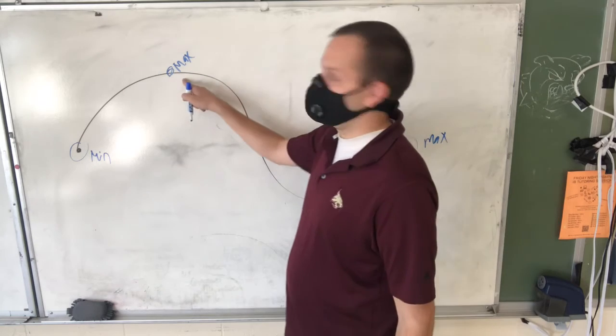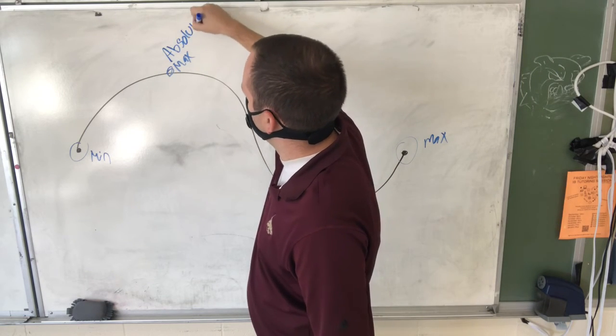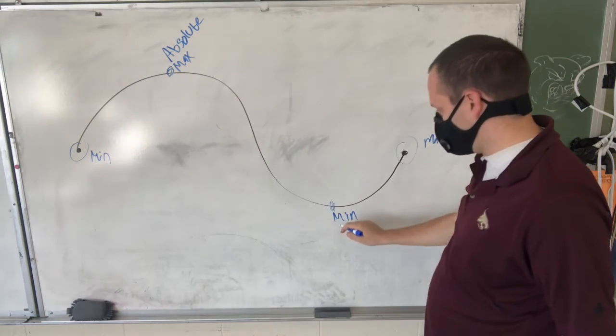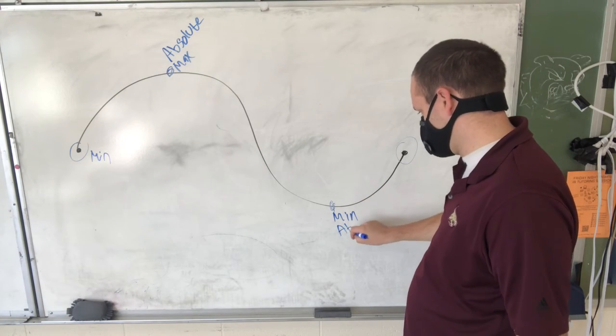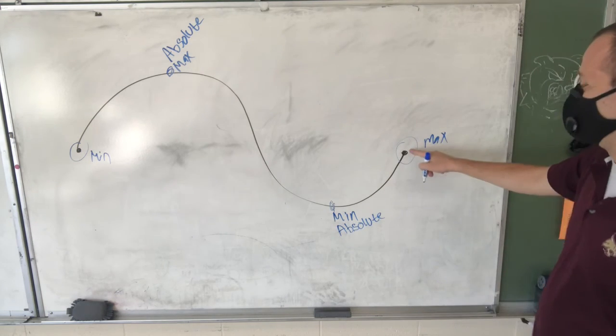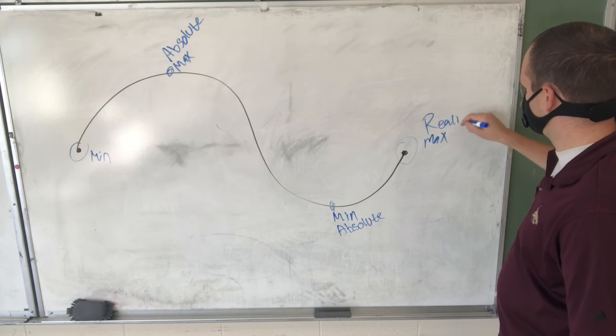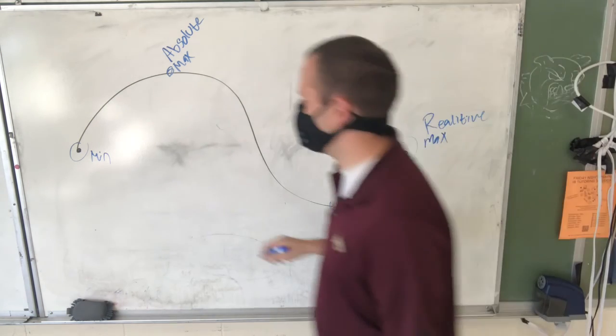Here, this is going to be the highest point on the graph. So that's my absolute. This is the lowest point. Over here, it's not the highest point, so this is just relative. And over here, this is also relative.